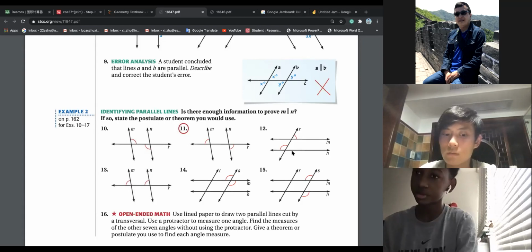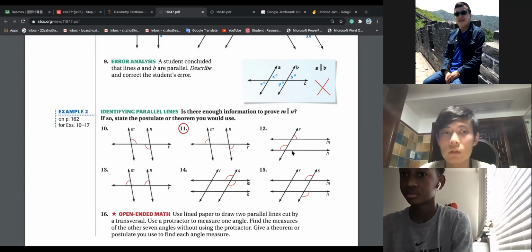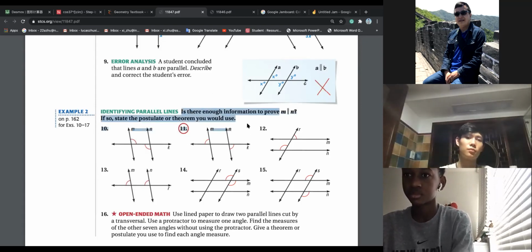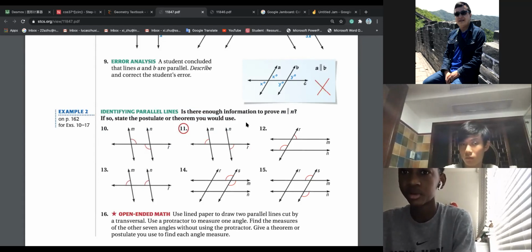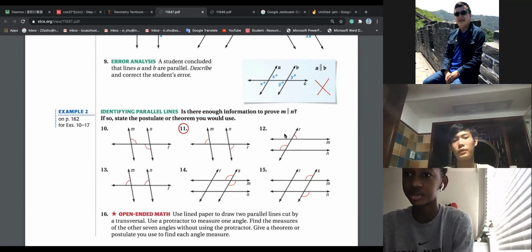Consecutive exterior, potentially. Look, read the question again. Okay. Oh, is there enough? So there's not enough information.